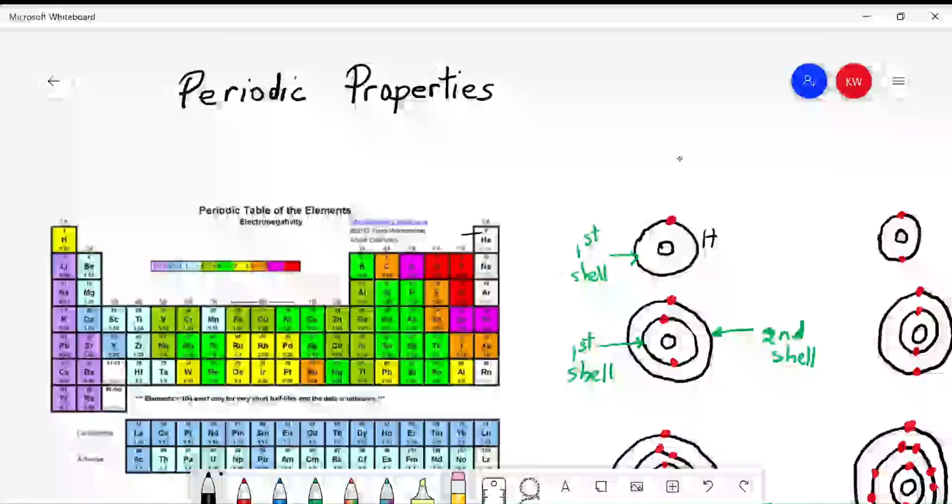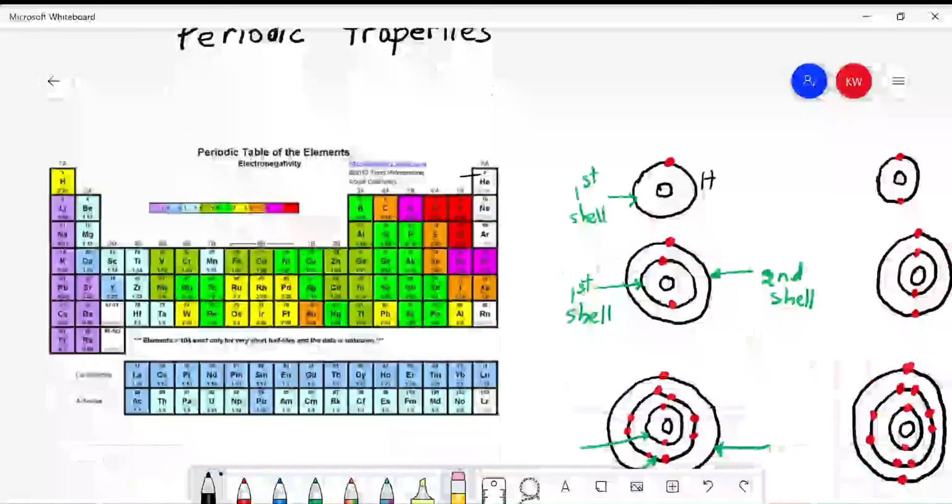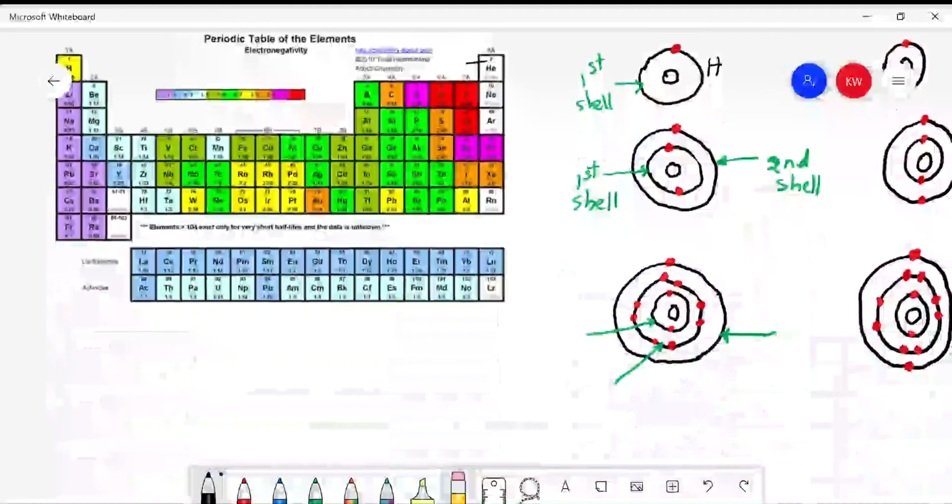We have the first shell with two electrons, and the last valence shell also has one electron. So this valence shell has one electron, and this valence shell has one electron as well. If we look at the element below, sodium, its valence shell also has one electron.